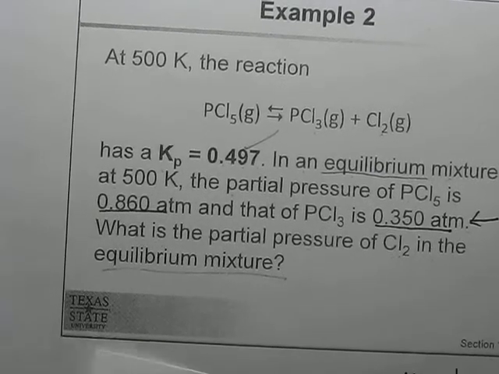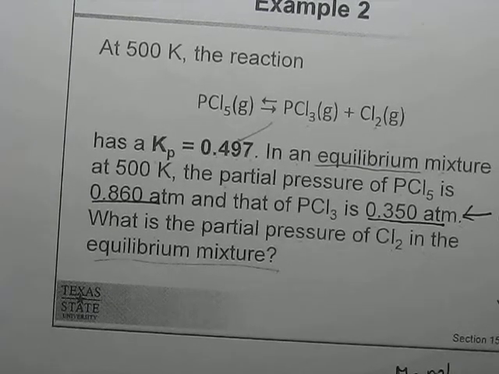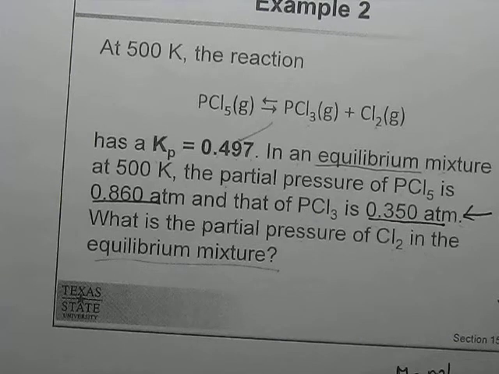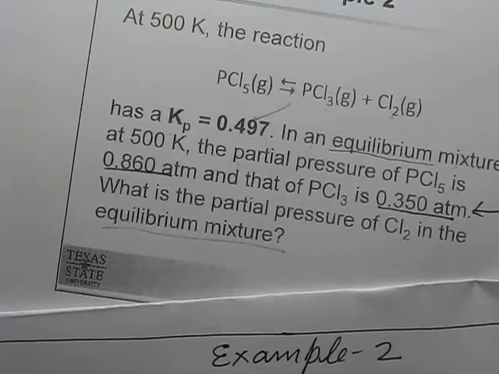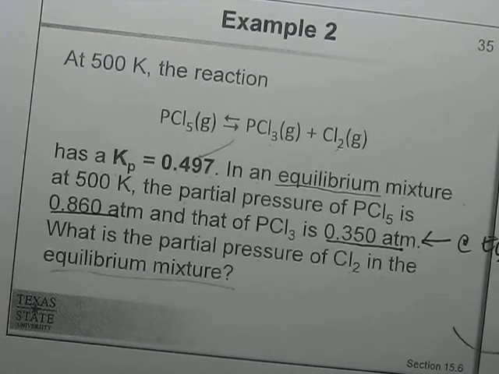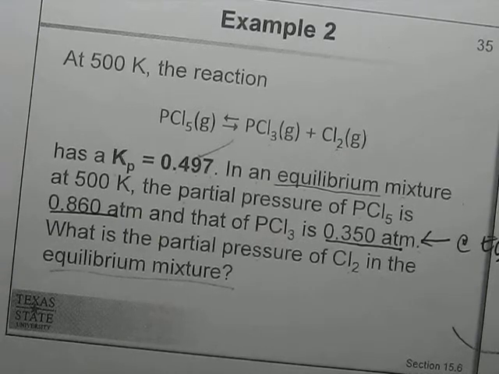At 500 Kelvin, the reaction involves PCl5, PCl3 and Cl2, and the Kp value is given for the equilibrium mixture at 500 Kelvin.